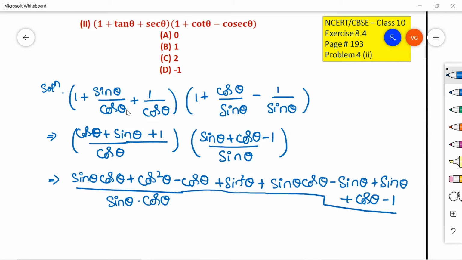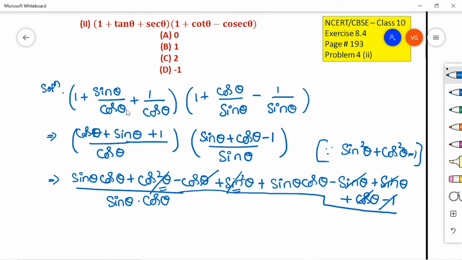So here we can cancel few terms. Sin theta will get cancelled and here cos theta will get cancelled, right? So we have here sin square theta plus cos square theta, which is nothing but 1, and this minus 1 will get cancelled. So here you can write sin square theta plus cos square theta is equal to 1. So that will get cancelled with minus 1.